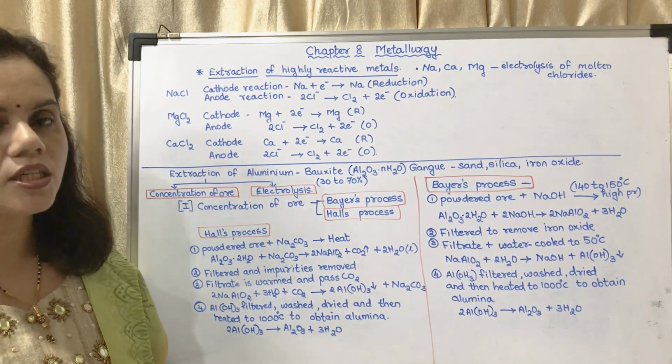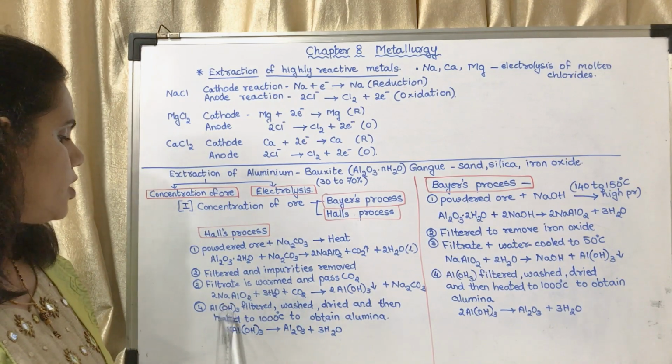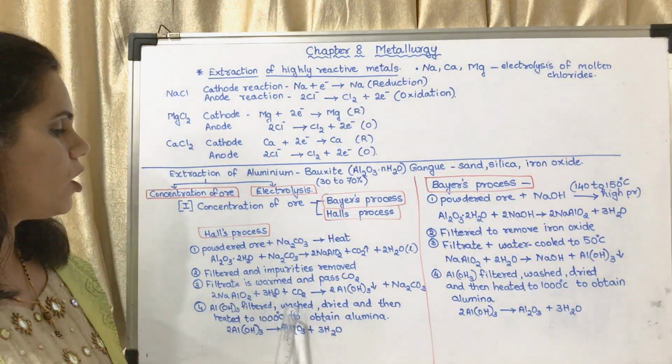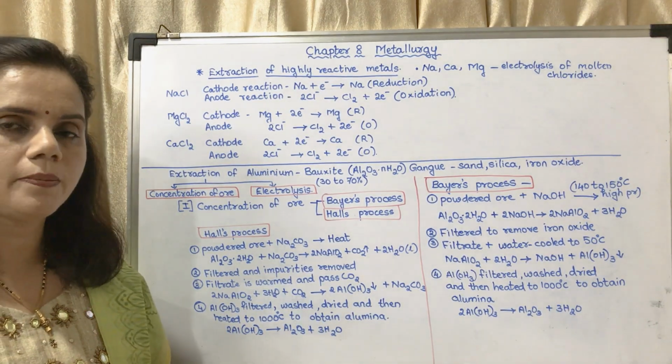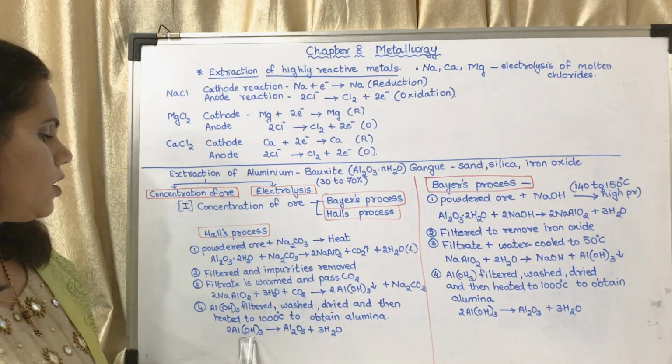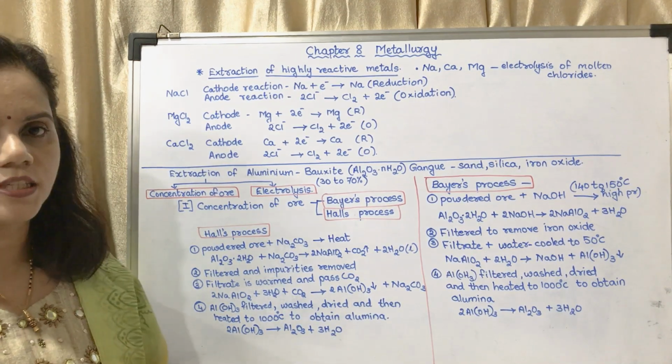Again, you have got Al in the form of Al(OH)3. That Al(OH)3 is filtered, washed, dried, and then heated to 1000 degrees Celsius to obtain alumina. Al(OH)3 forms Al2O3 plus 3H2O.